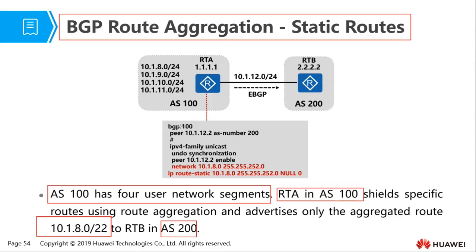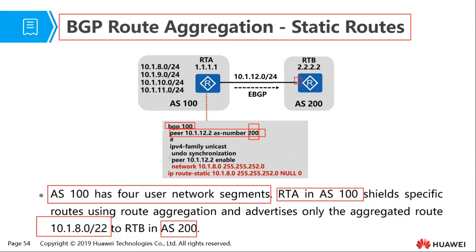So how do we do that configuration? You go to BGP 100, you establish the neighbor relationship with RTB on the directly connected interface, and you also specify the AS number where RTB belongs.